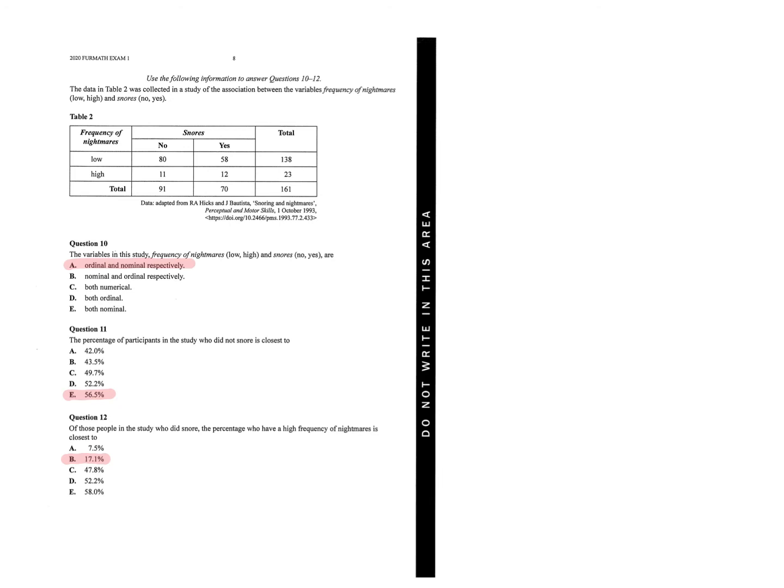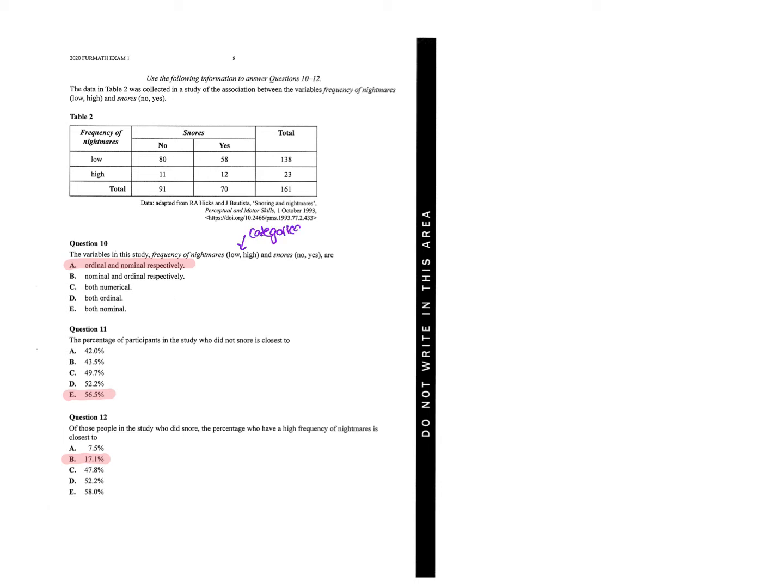Okay, so in the table, data was collected in a study of the association between the variables frequency of nightmares, low and high, and snores, yes or no. The variables in the study, frequency of nightmares (low, high) and snores (no, yes), are... because you have the frequency, this is still categorical, isn't it?